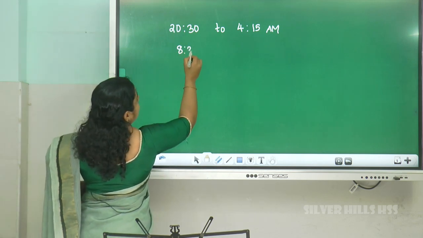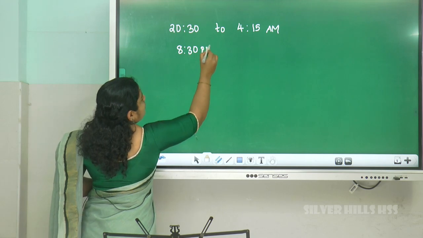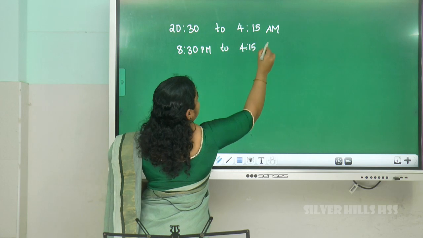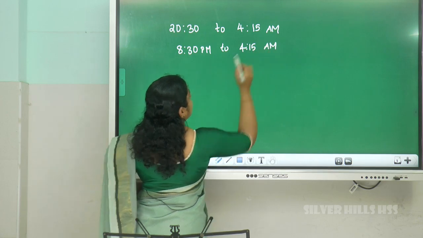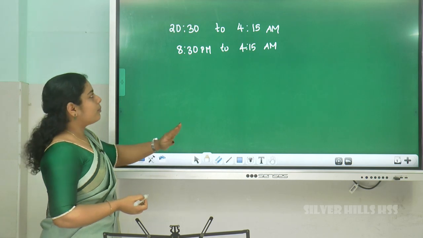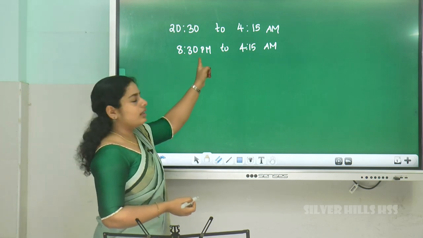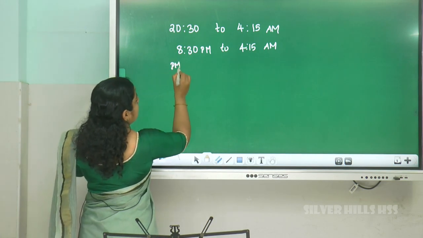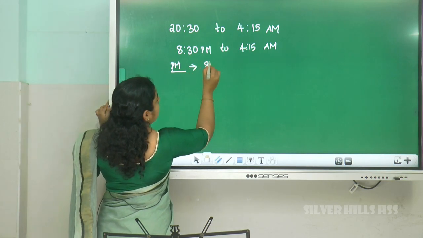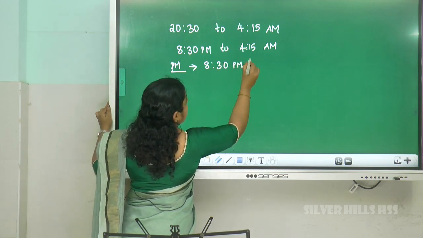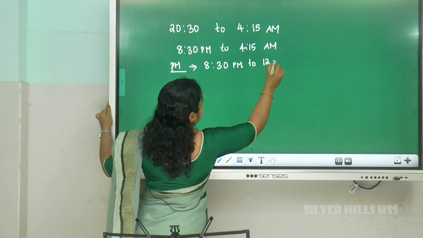So, it is 8:30 PM to 4:15 AM. So, we will divide this into AM part and PM part. Since our time starts at PM only, we will first find the PM part. PM part means 8:30 PM to 12 midnight.